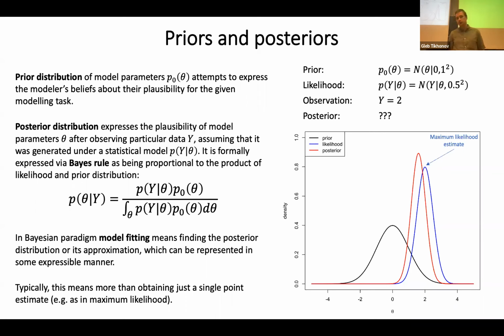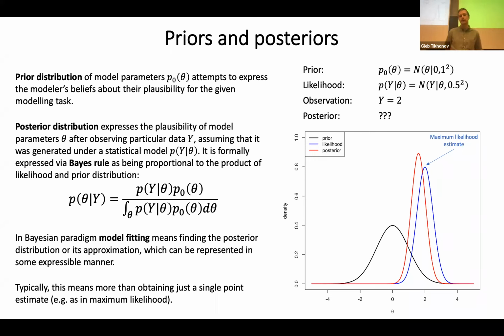We would not go right now into details of how we construct priors which express these beliefs in a proper way. There are many ways, and those depend on the application and the beliefs of the modeler. One of the common approaches is to define so-called vague priors.